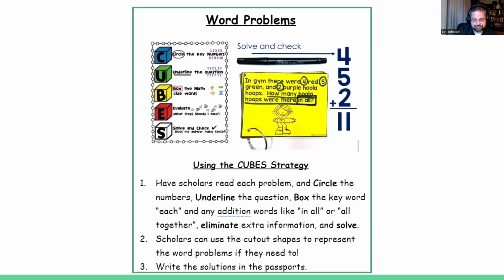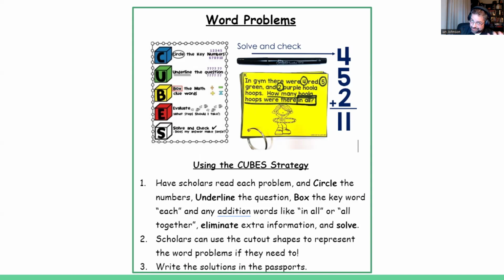And then S is solve. On each one of their word problems, you're going to actively show how this looks. They're going to circle the numbers and box specifically the keyword each. For multiplication, if we see the keyword each coupled with an addition keyword, something like in all or altogether, we know it's multiplying.